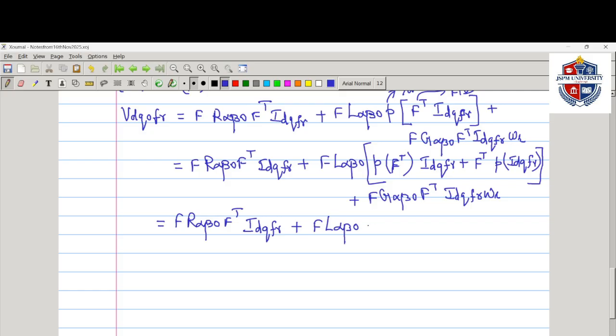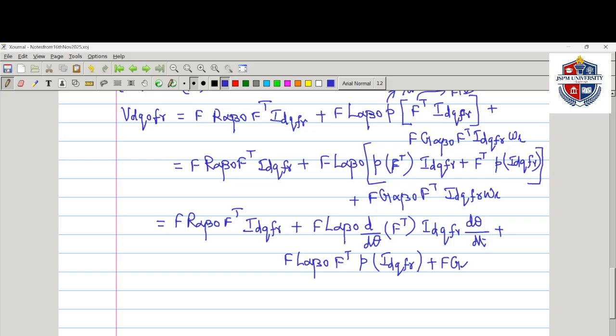F is a function of theta, therefore I will write d by d theta of F transpose into I dq fr into d theta by dt, plus F L alpha beta 0 F transpose, multiplying this with the second term, P of I dq fr, then plus the final term F into G alpha beta 0 F transpose I dq fr into omega r.